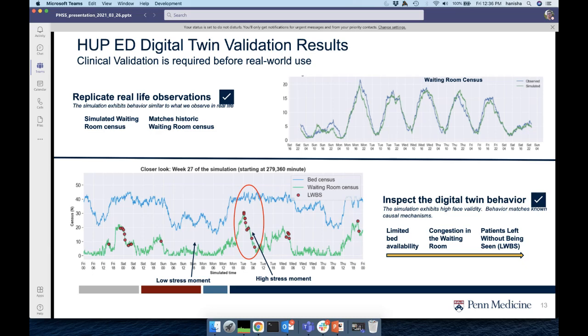It looks like it happens at the downslope of the census, into the late evening, early evening into the early morning, with these really defined cluster events where things get out of hand due to bottlenecking, sort of like a highway, and then the left without being seen events occur. They don't occur when things are moving very smoothly, and that matches our expectation.